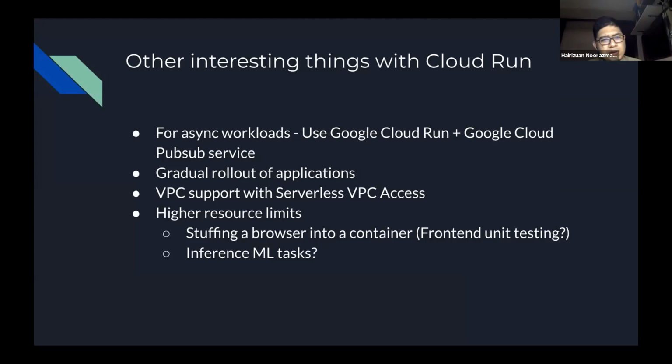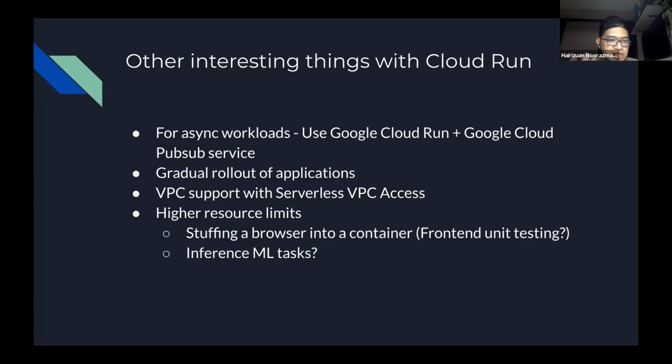Just now I showed you another interesting thing about the gradual rollout. And recently, Google Cloud Run has introduced VPC support. Previously, if you had an internal API where your application API endpoint can only be under a VPC lock, now there's VPC support.